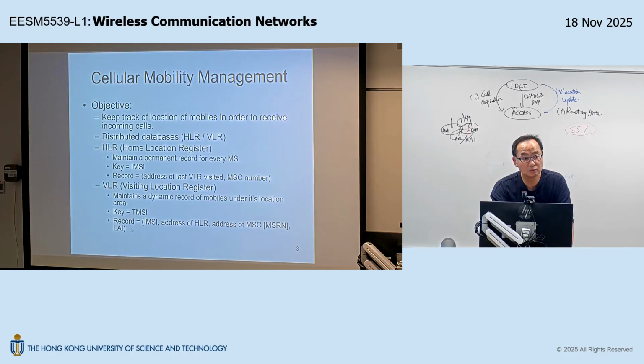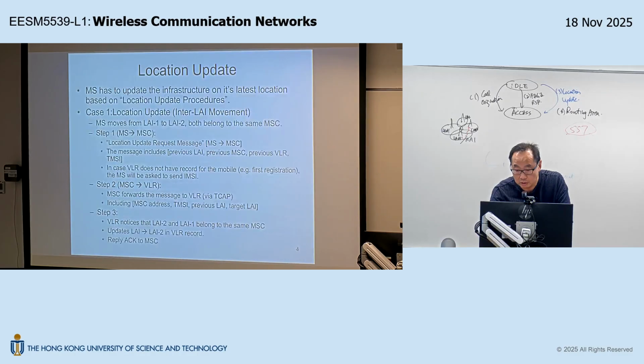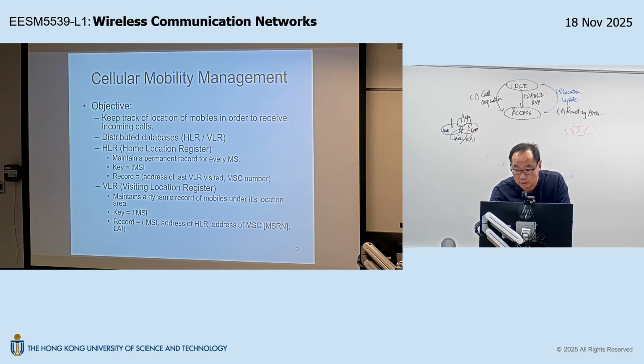When you know the TMSI of a mobile, the corresponding record for that mobile in the VLR consists of the IMSI, that's the global ID, the address of the home location register, and the address of the mobile switching center. Also the location area ID. I'll explain what we mean by location area in a minute. So this is the background. Let me talk about location area.